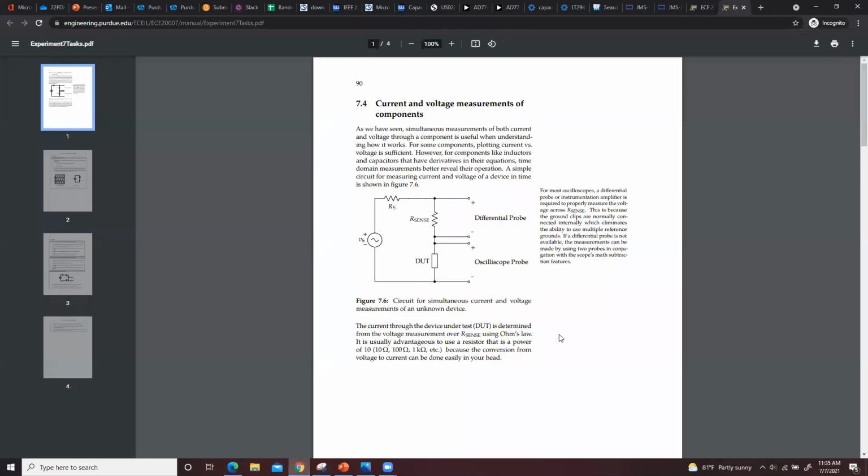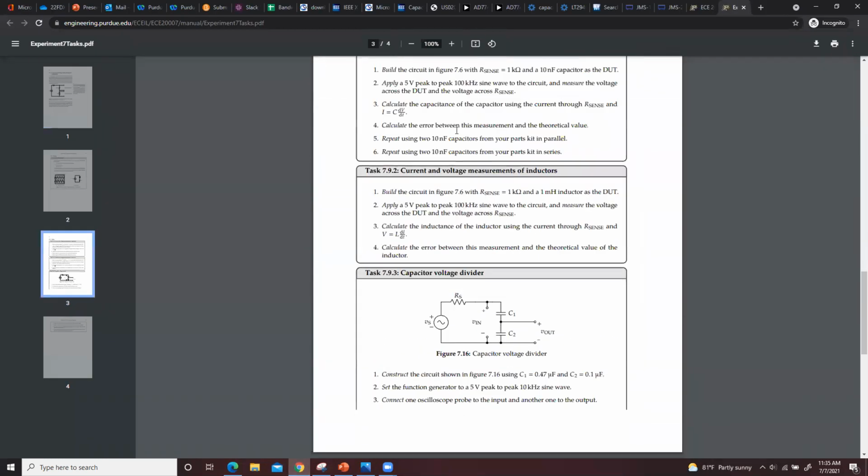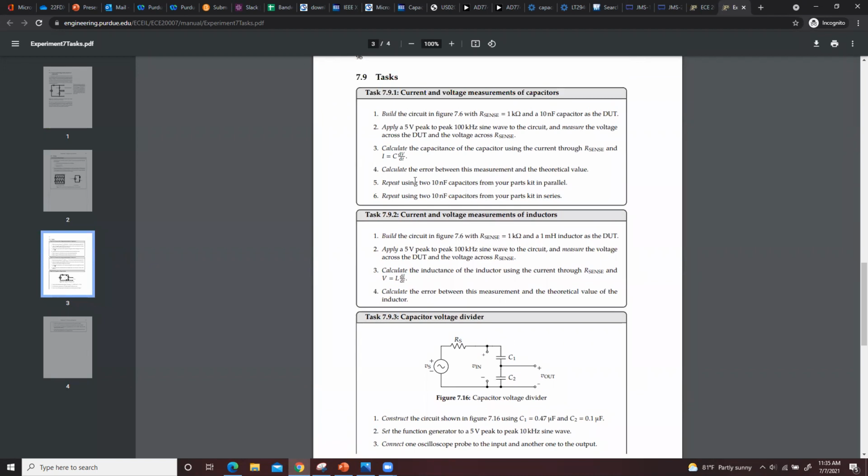That's how you do task 1 and task 2. In task 1, step 5 and step 6, you're going to do the same thing, but change the 10 nanofarad capacitor to two parallel capacitors, and in step 6 you will use two capacitors in series.